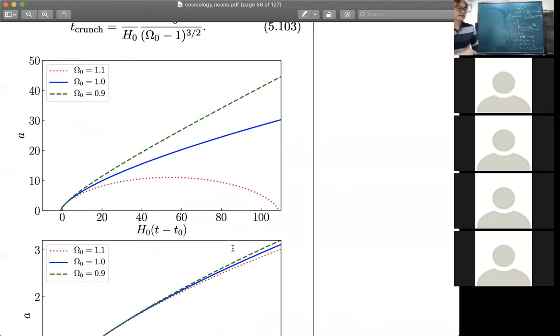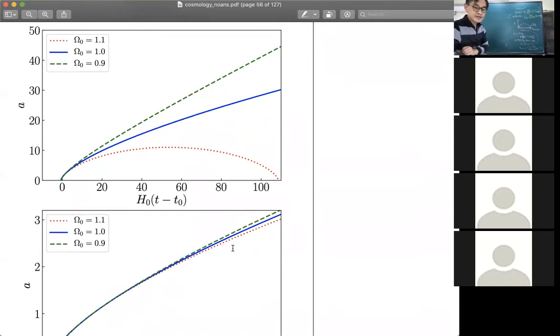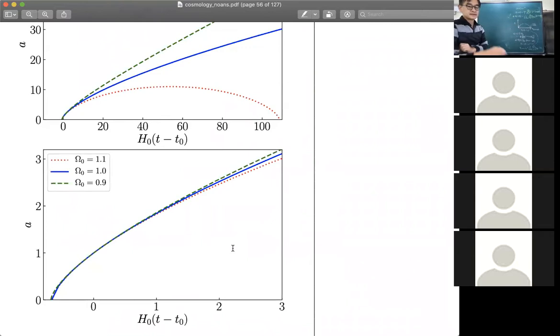So the first plot is over 100 in the unit of Hubble time. But if you zoom that up, it's running from some negative value to only 3 in terms of Hubble time.